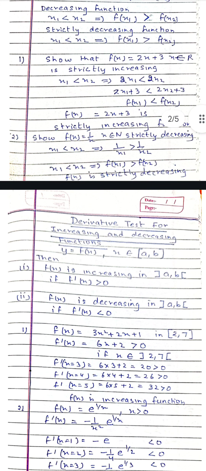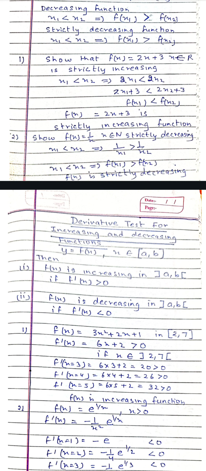Let us take one more example. f(x) is equal to 1 upon x, x belongs to natural numbers, is strictly decreasing. Consider two values x1 and x2 such that x1 is less than x2, then 1 upon x1 is greater than 1 upon x2.